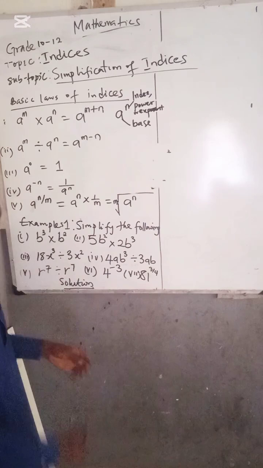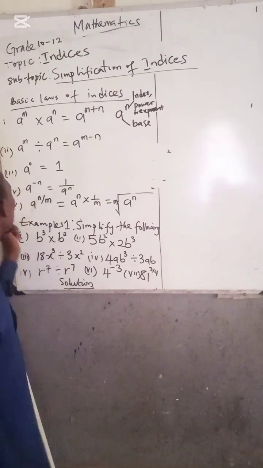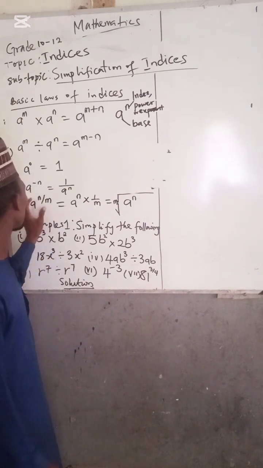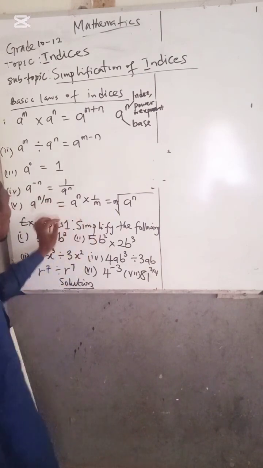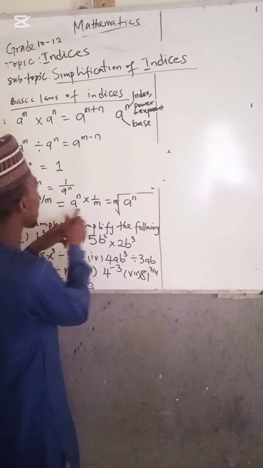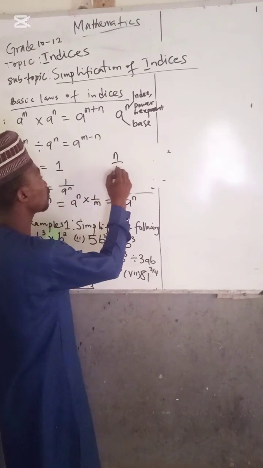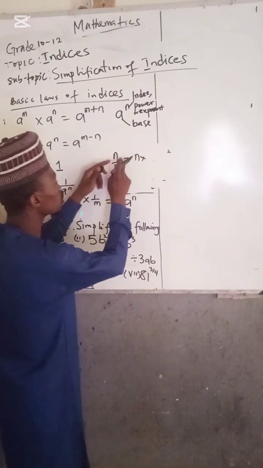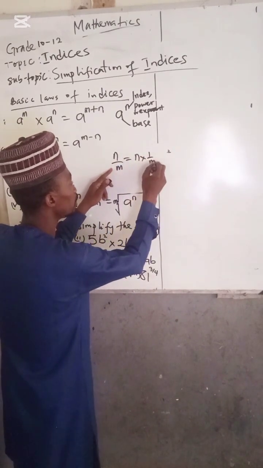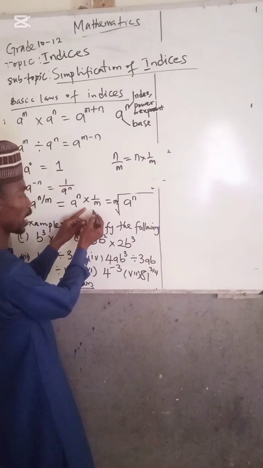I believe we are following. Then the last basic law of indices says a raised to power 1 over n equals the nth root of a. Remember, 1 over n is the same thing as n times 1 over what we demonstrated here.